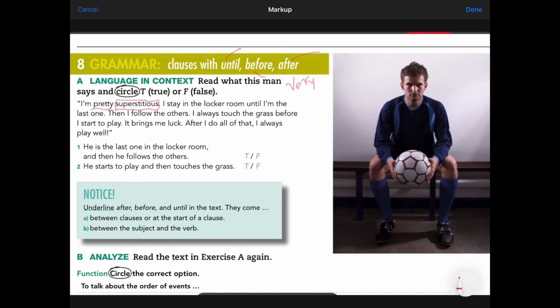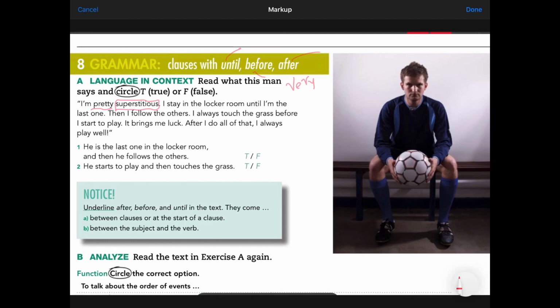I stay in the locker room until I'm the last one. Then I follow the others. I always touch the grass before I start to play. It brings me luck. After I do all of that, I always play well. Okay, so yes, definitely he's superstitious. Imagine that he forgets to touch the grass, then he will feel that he won't play really well.